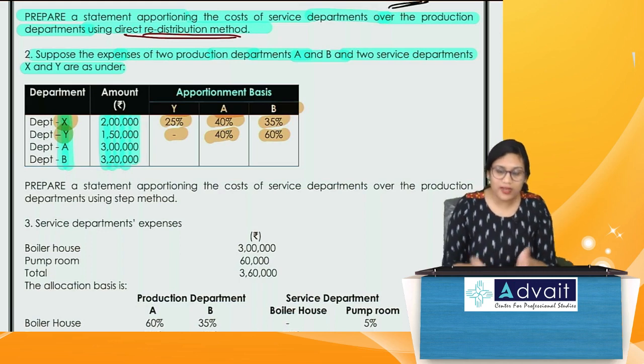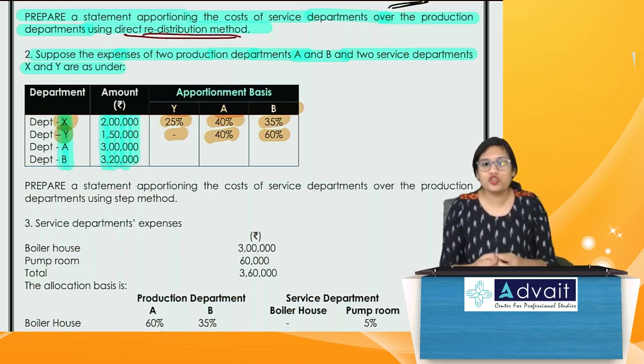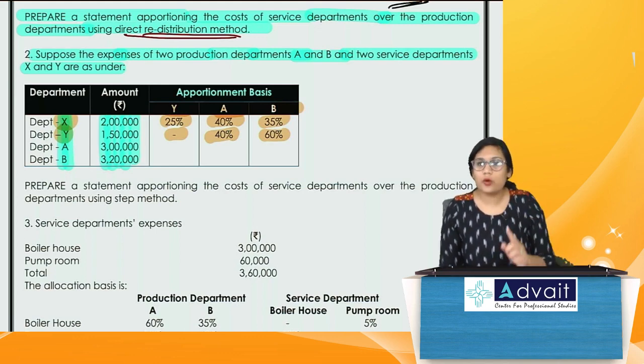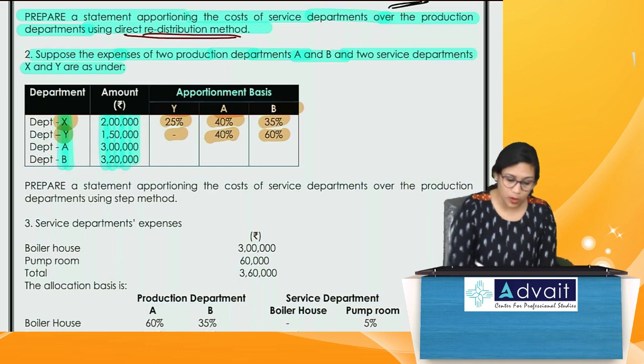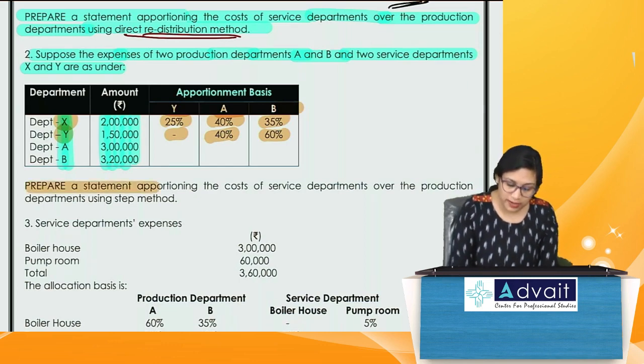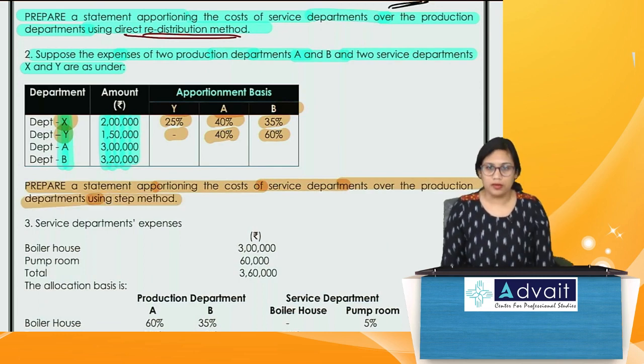They have not given any relationship from Y to X, but they have given a relationship from X to Y. So in this case, we will be using the second method of reapportionment, which is the non-reciprocal method or the step ladder method. Hopefully they have also given us the same thing in the problem: prepare a statement apportioning the cost of service departments over the production departments using step method.